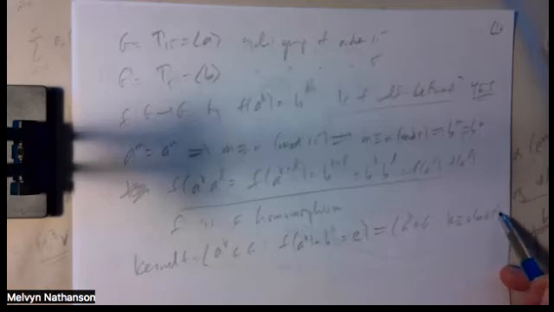What is the kernel of f? It's all elements a to the k in G such that f of a to the k, which is b to the k, equals the identity, which is all a to the k in G such that k is divisible by 5. k is congruent to 0 mod 5. So what powers of a are of the form a to the 5th?